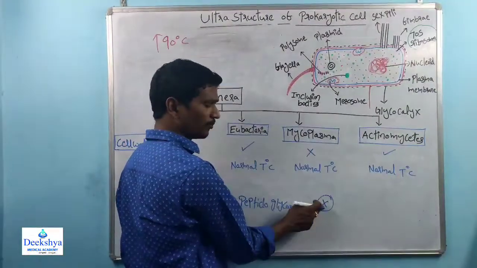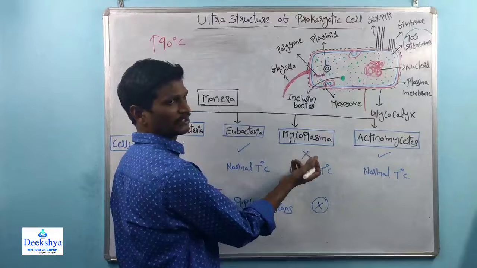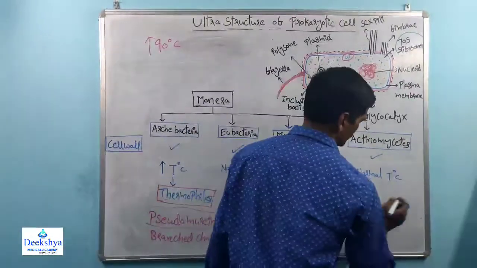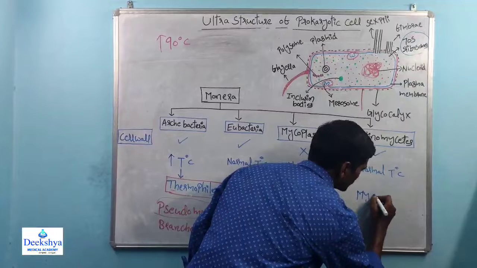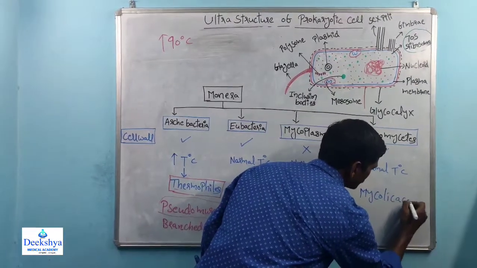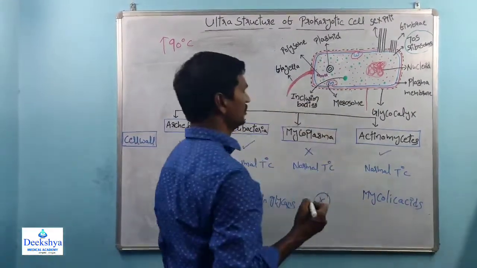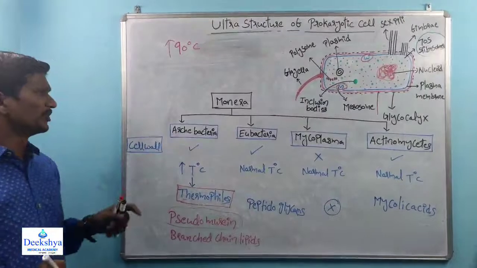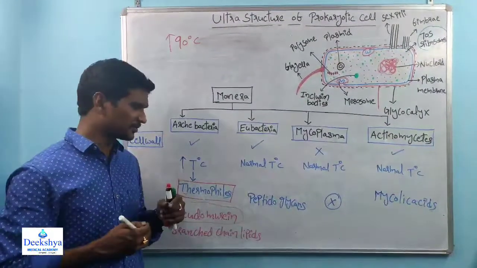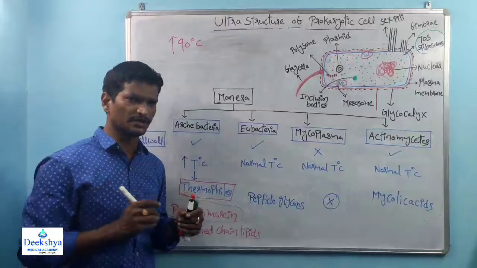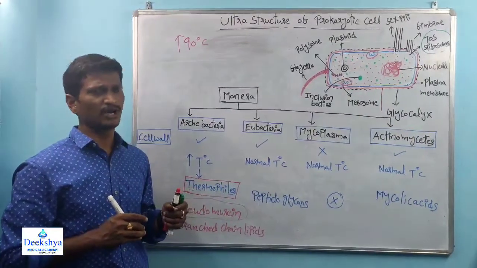In Actinomycetes, the composition of the cell wall is mycolic acids. So within Monera, different types of bacteria are there, and according to the subtypes, the composition of the cell wall also differs.